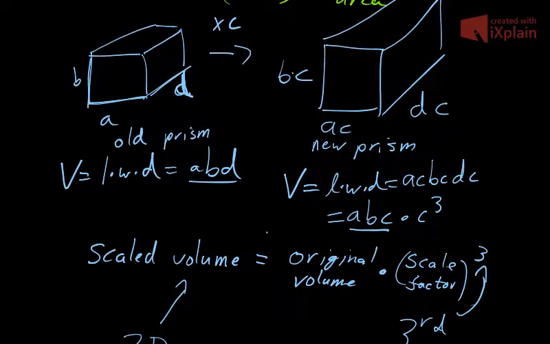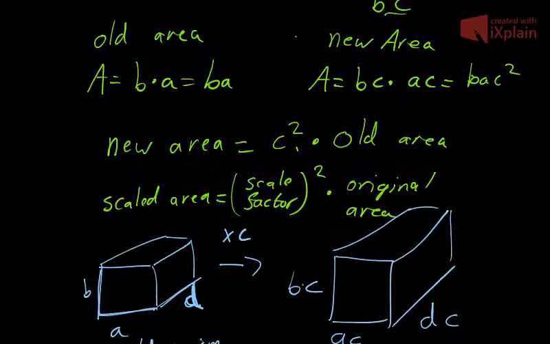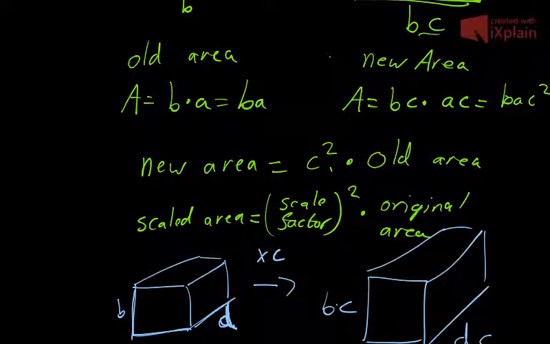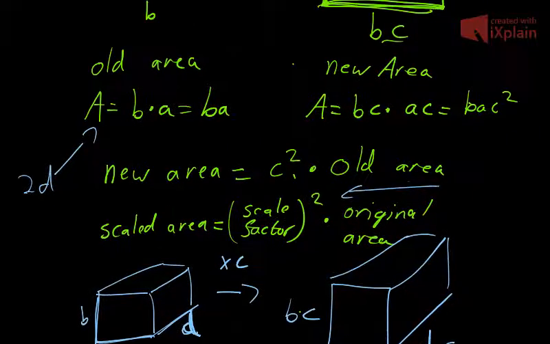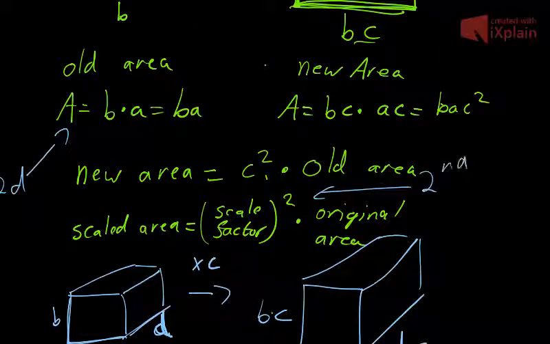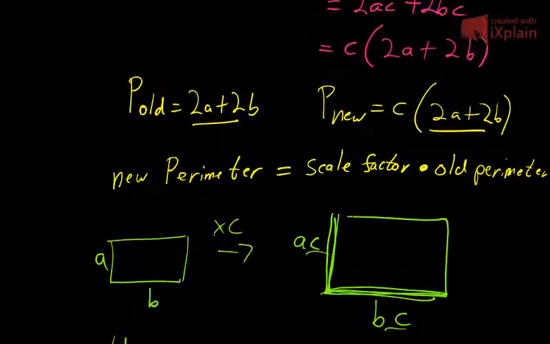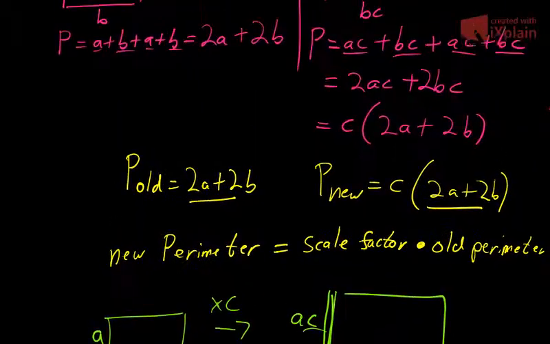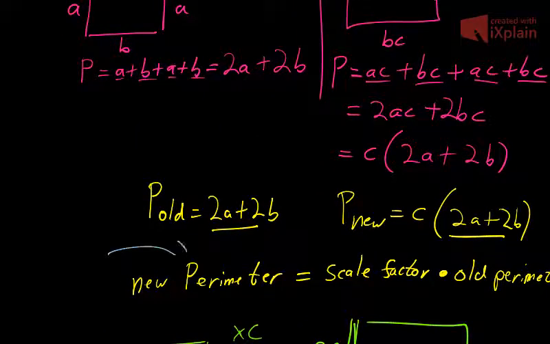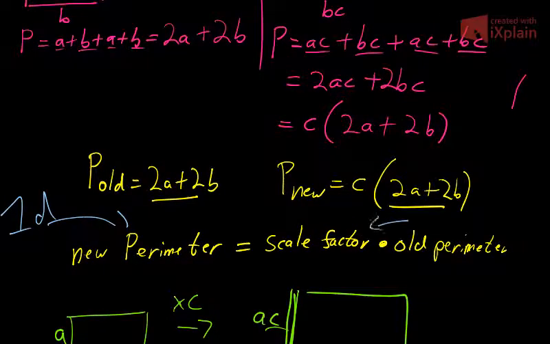And if we go back up, we can see that area, which is a 2D thing, has this to the second power. And last but not least, if I go all the way up, I should be able to find for my perimeter, here it is, perimeter is 1D, and my scale factor here is to the first power.